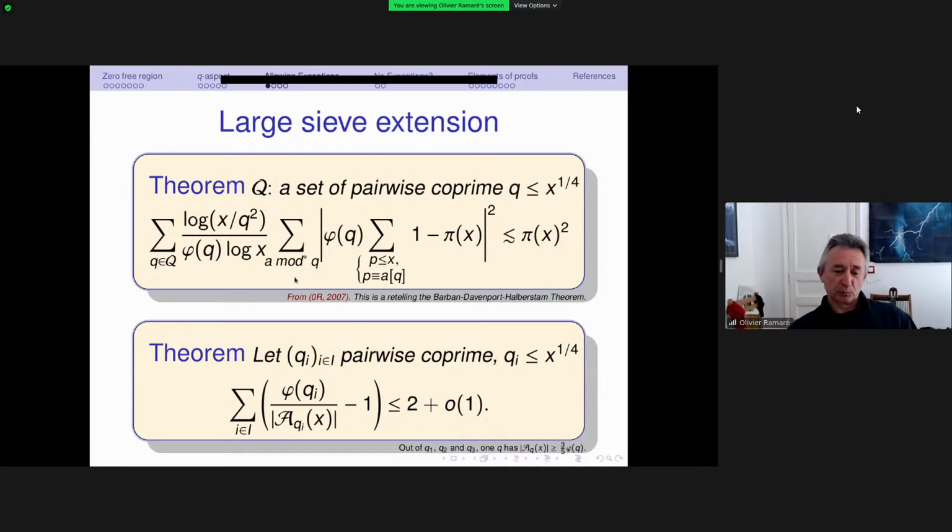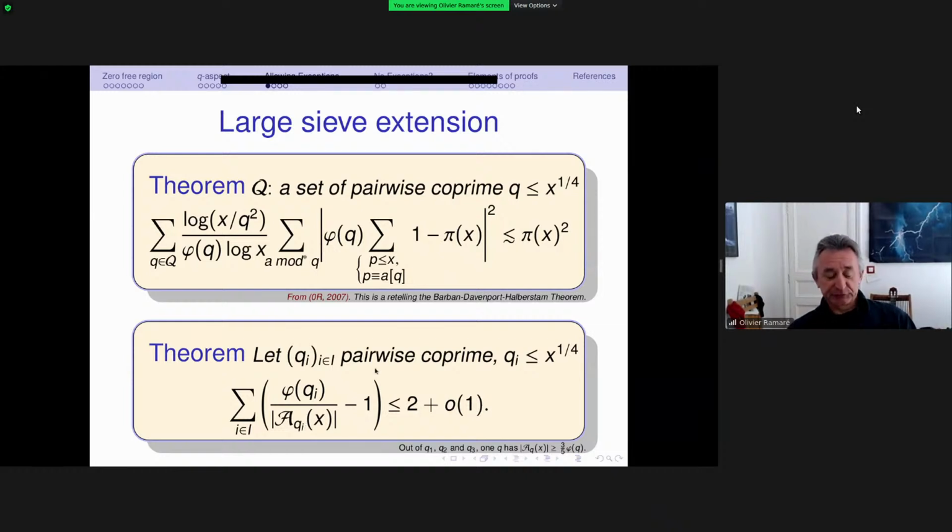And once you do that and you do some optimization process, what you get is that if you give yourself coprime moduli Qi, and I'm assuming that they are less than x to the 1/4 for simplicity, because I want to state things that you may understand, you get this inequality: phi of Q upon the cardinality of A of Q, I mean, the number of classes that are covered by the primes, minus 1 is less than 2.